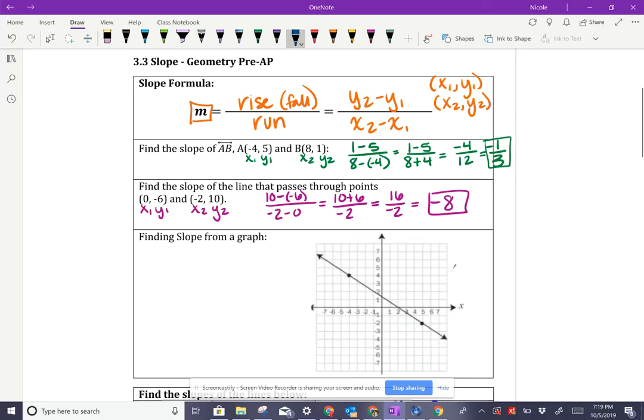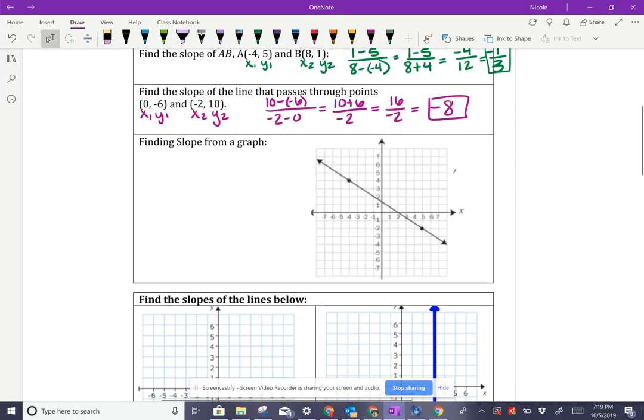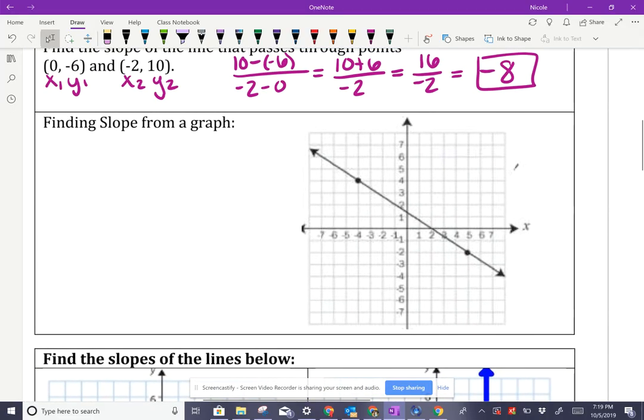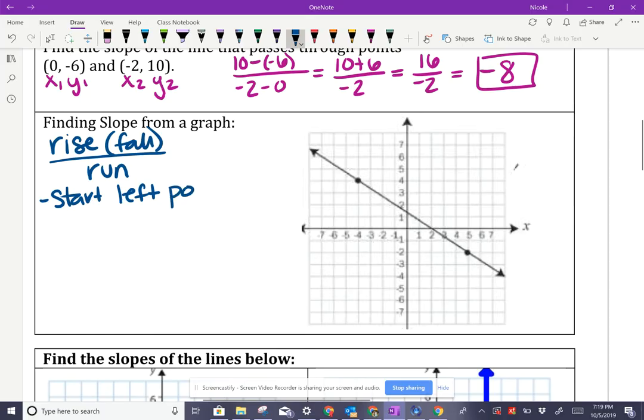Now, sometimes we are given a graph, and we can even find slope from a graph, which is something you may be familiar with, and that is talking about checking your rise or fall over run. So we start at a left point. So I'm going to start here at this point, and I'm going to see how far I rise or fall to get to my next point.